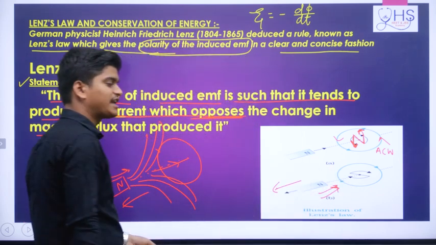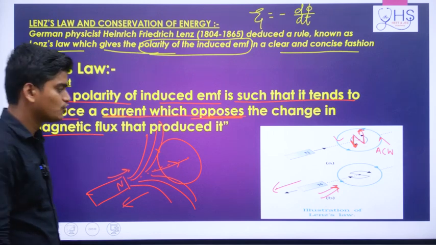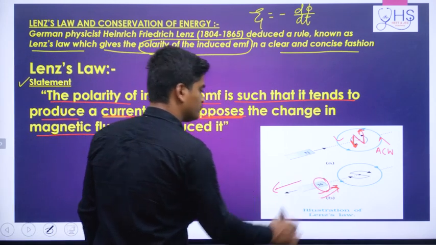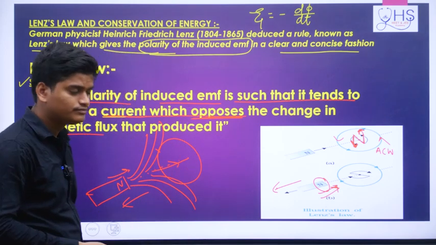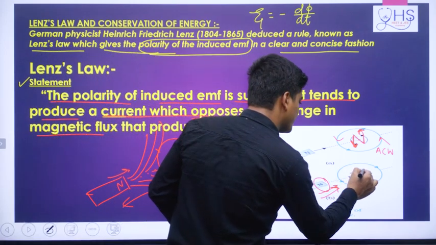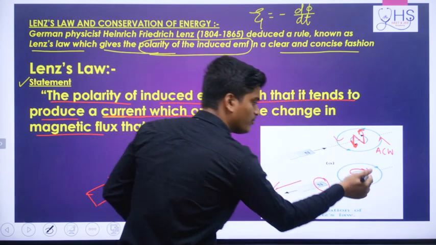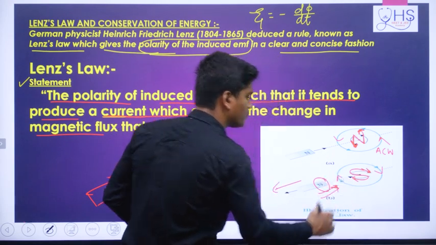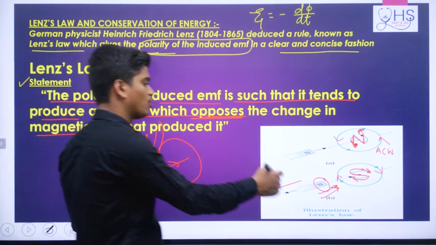The induced current is trying to attract the magnet. So how do you attract a north pole? To attract a north pole you need a south pole. So here you draw an S like in the picture, then give an arrow mark, and in that arrow mark you give the direction of current. So what is coming here now? Clockwise current.